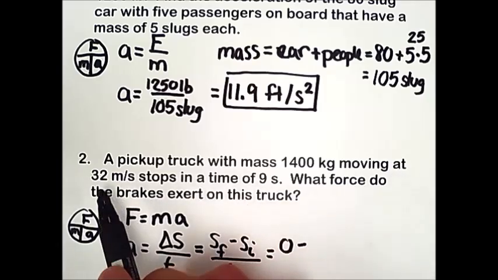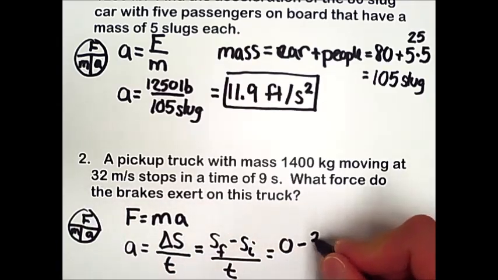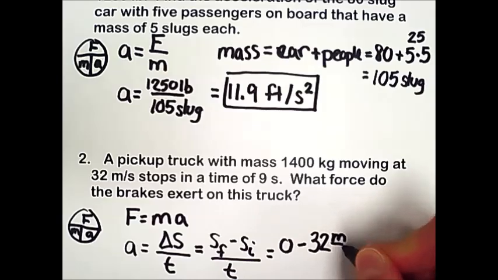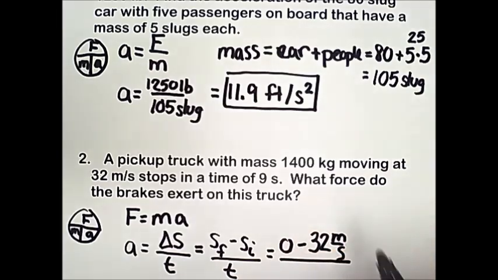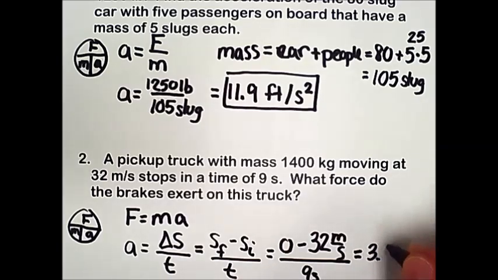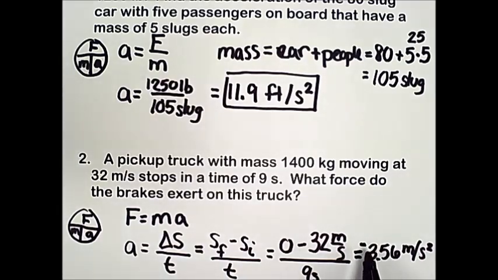Our initial speed is 32 meters per second, and then the time is 9 seconds. So this gives us an acceleration of approximately 3.56 meters per second squared. And this technically is a negative 3.56 meters per second squared, and the negative sign just tells us that we are slowing down instead of speeding up.